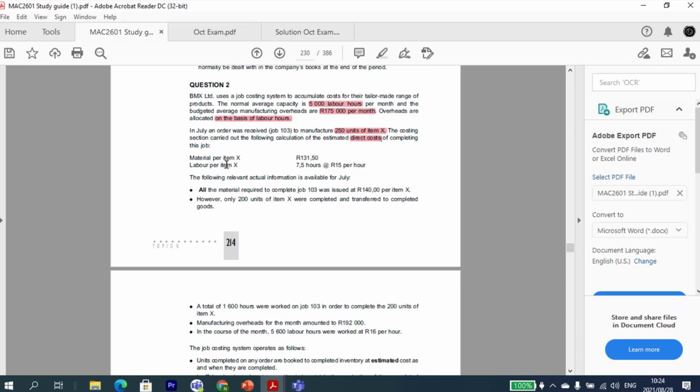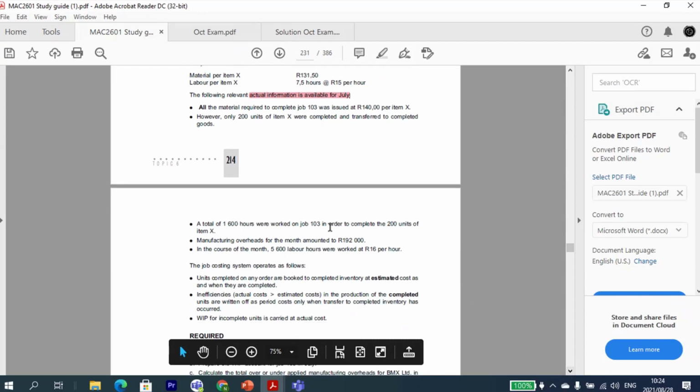Material per item X is 131 Rand. The labor per item X is 7.5 hours at 15 Rand per hour. So these are the estimated direct costs for this specific order. The following relevant actual information is available for July. These were estimates; these are the actual info.